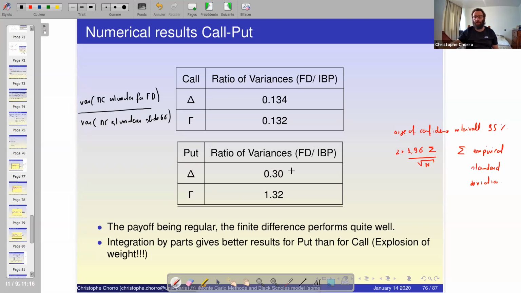And I see that here, in almost all cases, except for this one where I am, let's say, near 1.